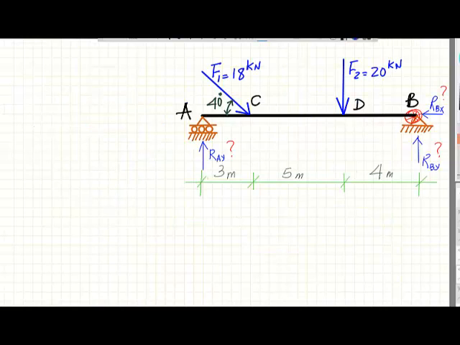Now that we decided we'll take the moments about point B, we need to first resolve the inclined forces as we learned before. We have only one inclined force, which is F1. That will be the x component of it, and this will be the y component.